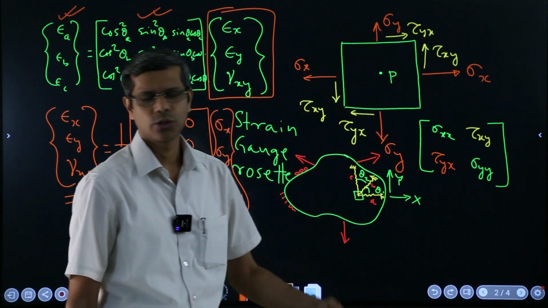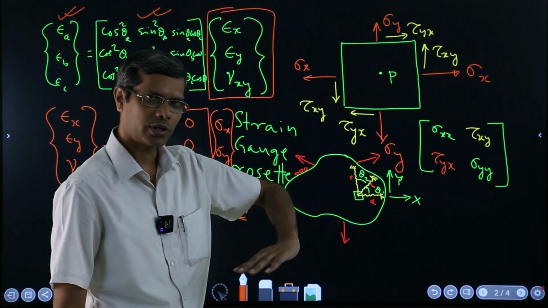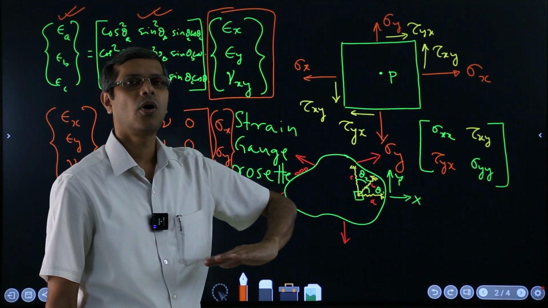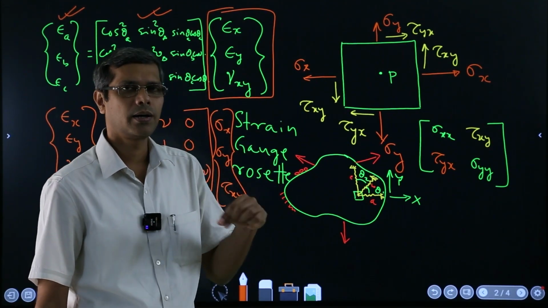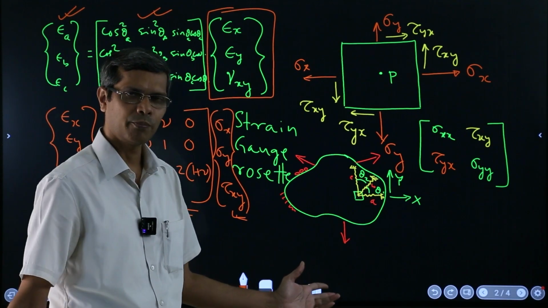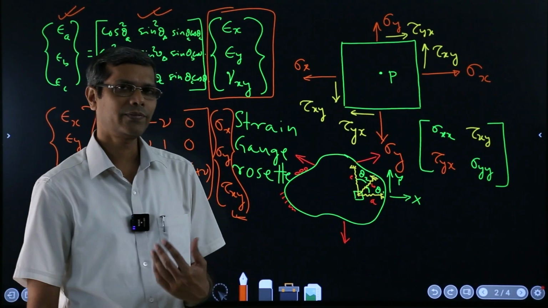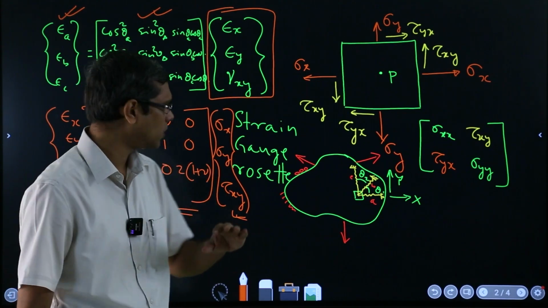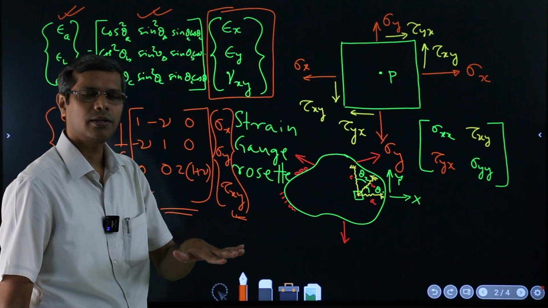Again I am repeating, you can think of this as change of coordinate system, or rotation of a coordinate system, or rotation of this infinitesimal square about the point P. Both views are exactly the same, and once we have this mathematical technique of transforming these stresses to any angle, we are done.